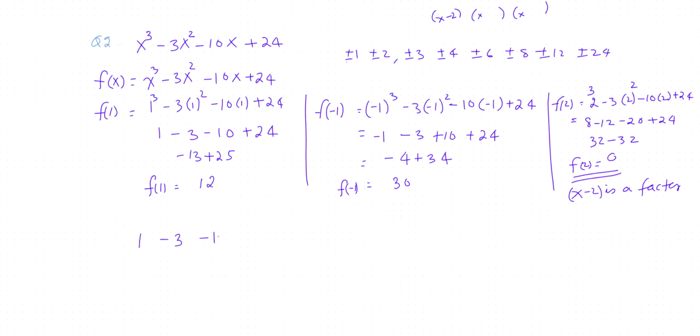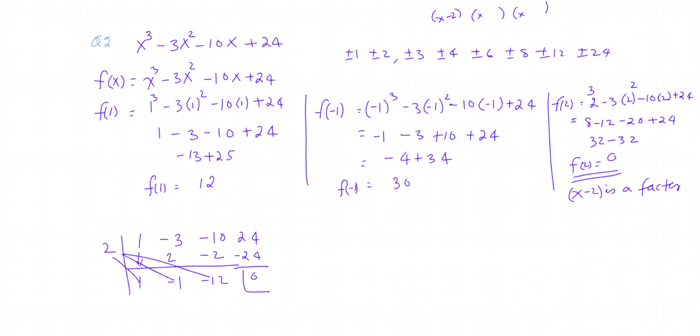And same way we divide by 2. So bring down 1. 2 times 1 is 2. If you add, we get -1. Multiply, -2. If you add, we get -12. If you multiply, you get -24. And we get 0 here, and we should get 0 because it is a factor, so the remainder should be 0.